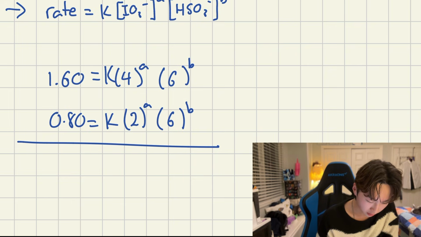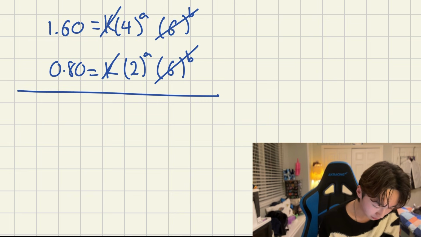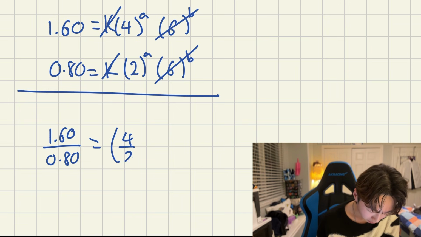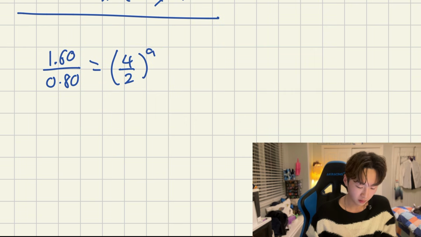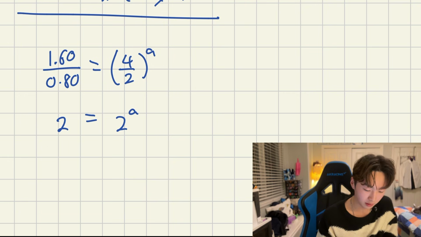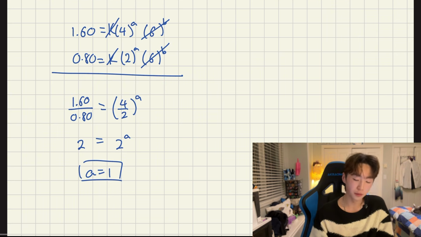So now our 6 to the power of B will cancel out, as well as our K. So now what we have is 1.60 divided by 0.80 is equal to 4 divided by 2 to the A. And what this gives us is 2 is equal to 2 to the A. And now we know that A is equal to 1.